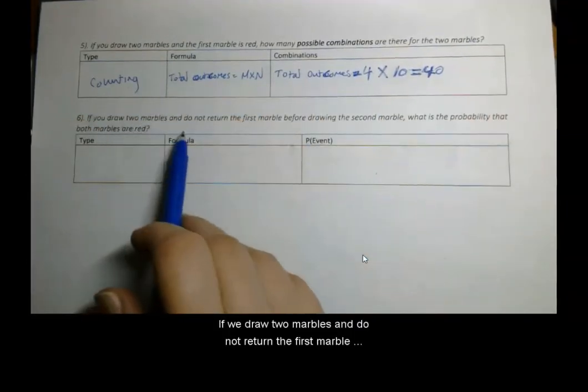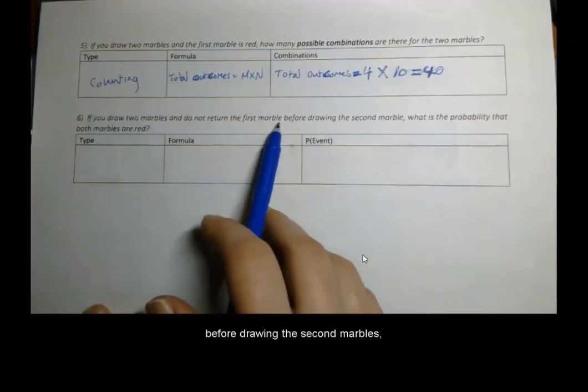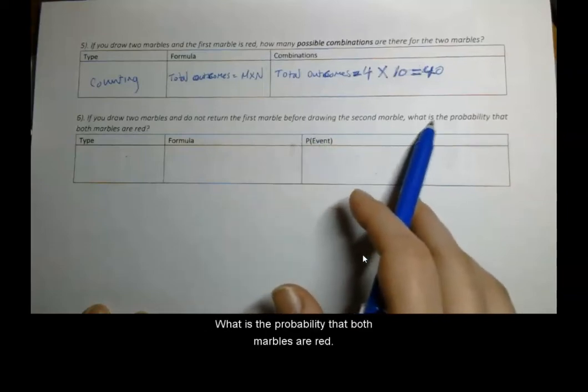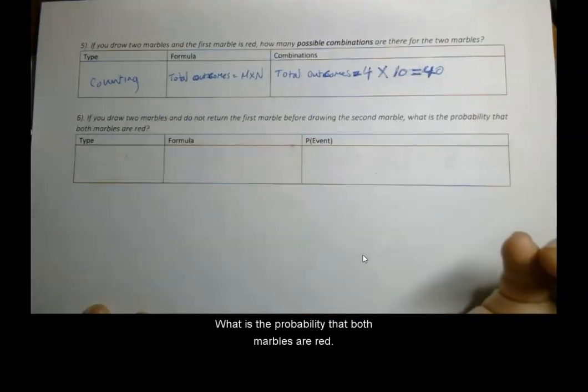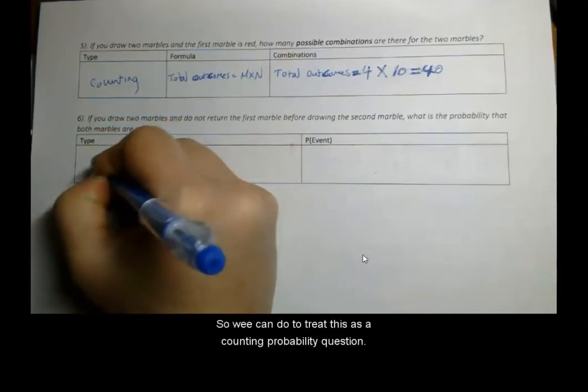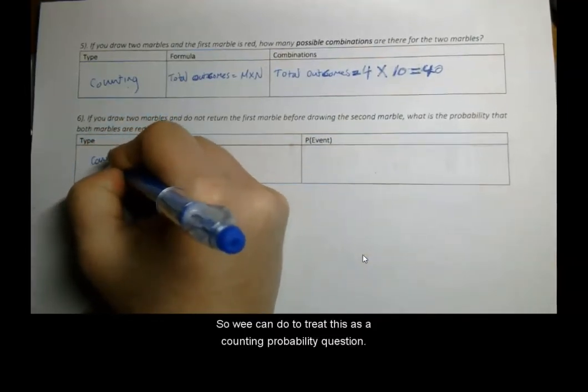If we draw 2 marbles and do not return the first marble before drawing the second marble, so now we're not putting that marble back, what is the probability that both marbles are red? So this is, we can treat this as a counting probability question.